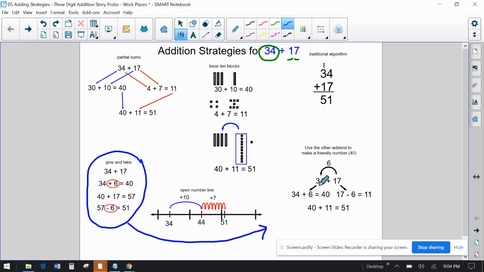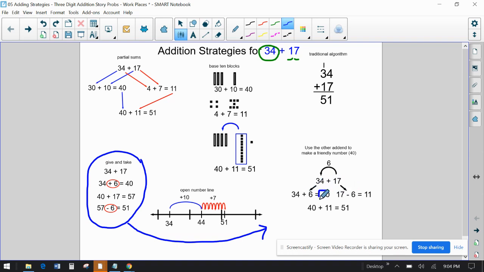So what we'll do is, to make this 34 into a 40, which will be easy to add, we're going to borrow from this 17, the other addend, and we're going to take 6 from the 17 and add it to the 34. So essentially, we're subtracting 6 from one side, but we're also adding the 6 to the other.